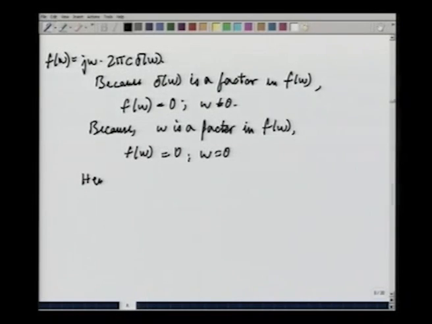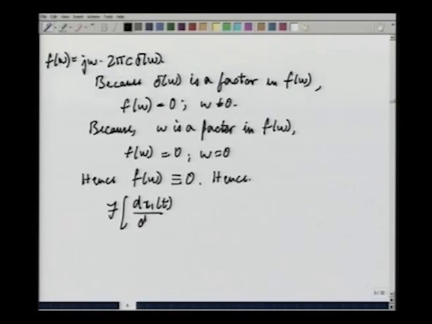Hence, f omega is identically 0. Hence, the Fourier transform of dx1 t by dt, equal to j omega x omega, equals the Fourier transform of dx2 t by dt.